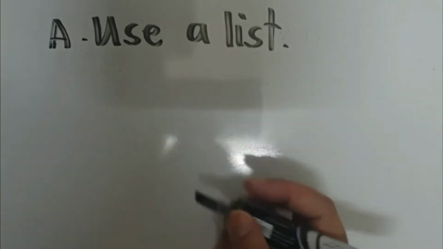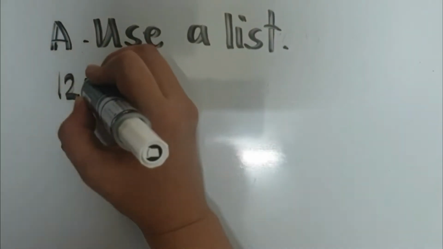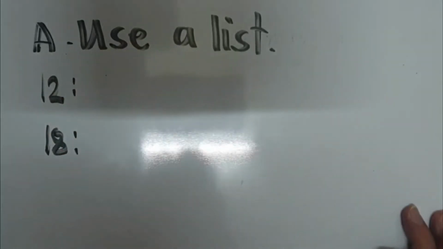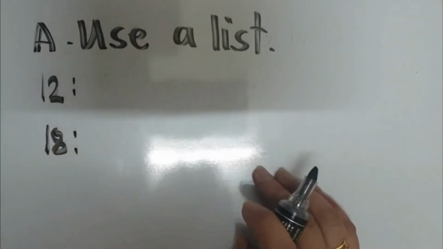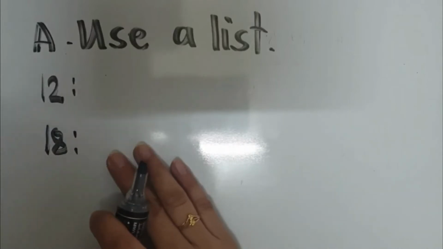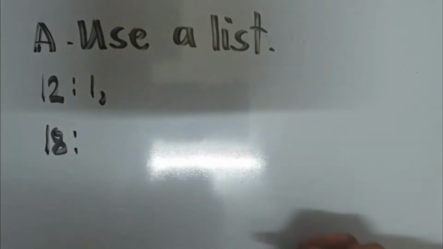So suppose we're going to find the GCF of 12 and 18. So you are going to find the factors of 12 and 18. Now, the factors are the numbers that you multiply to get that number. So, when we are asked to write the factors of numbers, we always start with 1.